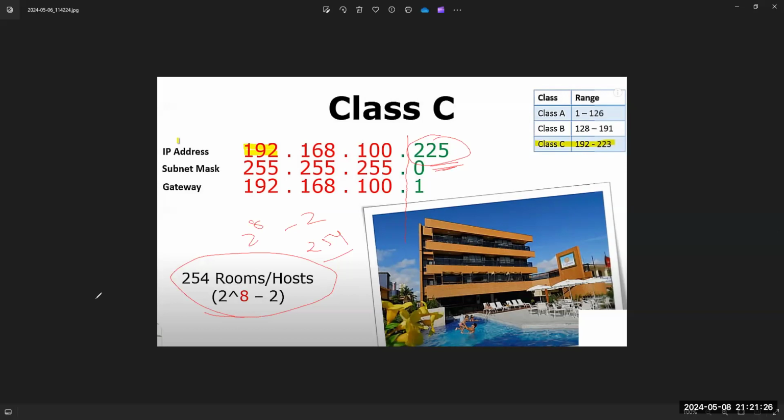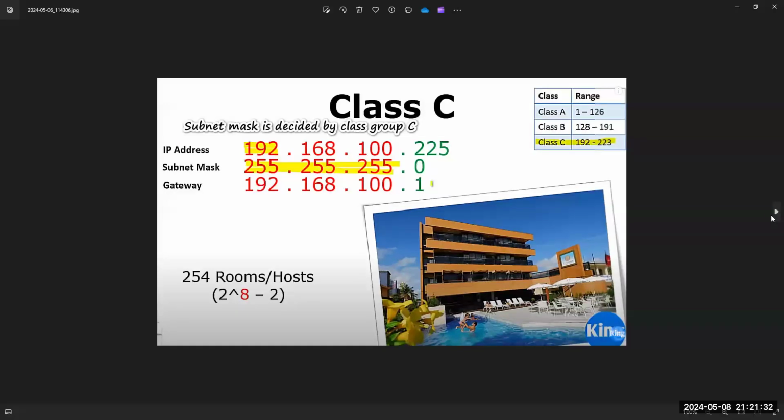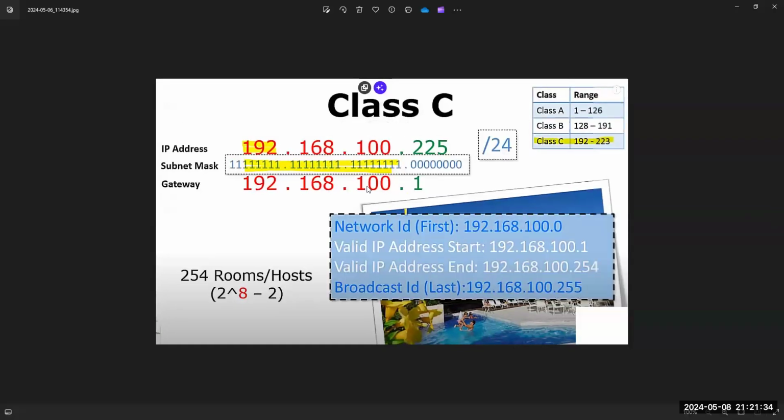Now, we have already discussed that this is converted into binary form, right? That we know.